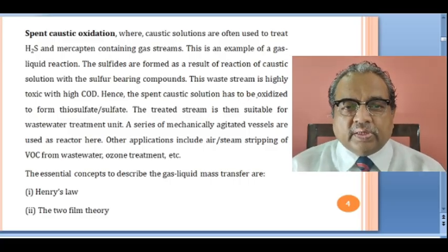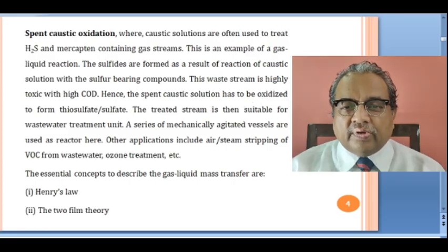This waste stream is highly toxic and has high value of COD. Hence, the spent caustic solution has to be oxidized to form thiosulfate or sulfates. The treated stream is then suitable for wastewater treatment unit.